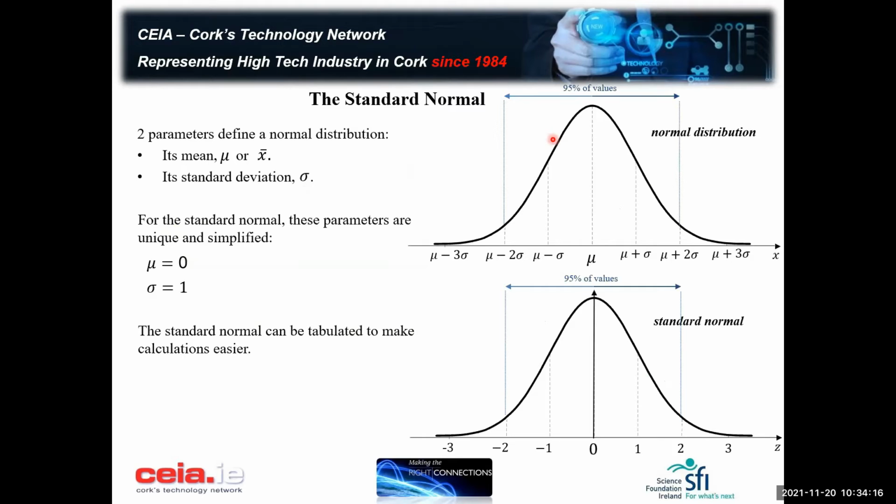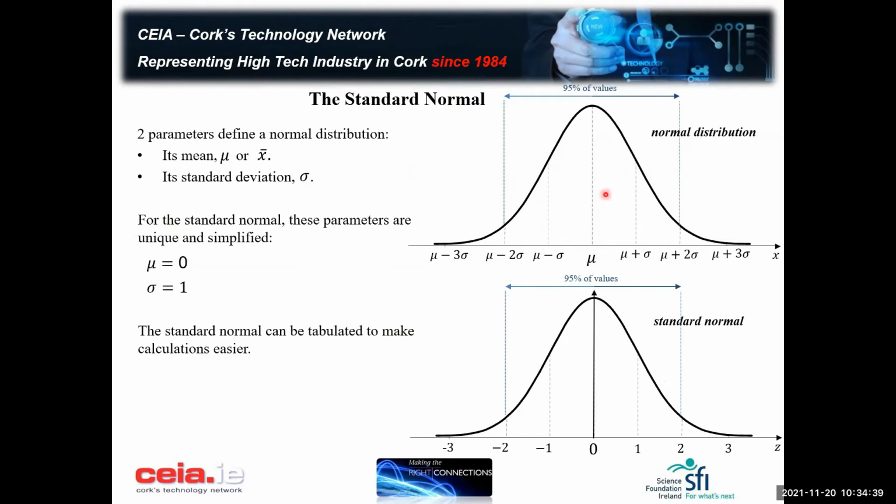Okay, let's talk again about the standard normal. First of all, the general normal distribution here has a mean mu and a standard deviation sigma, and mu and sigma can vary, so you can get narrower or wider distributions, and they can be positioned around different averages.